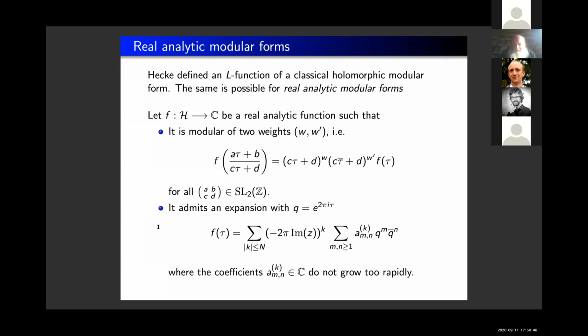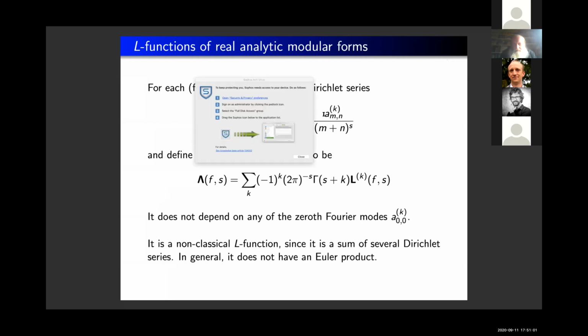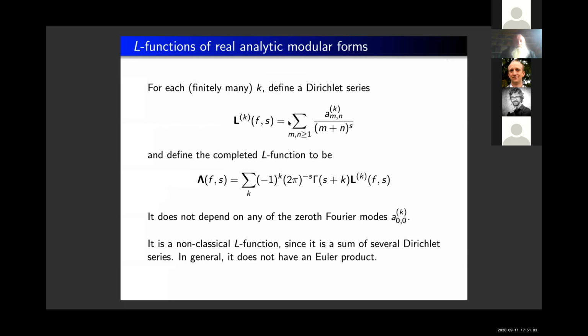That's certainly known. So modular graph forms, modular graph functions are certainly examples of such functions. So what we do is take these coefficients, and for each K, we can package them into a Dirichlet series.